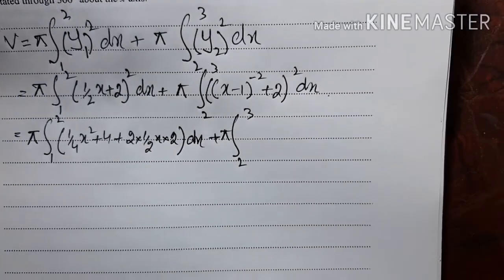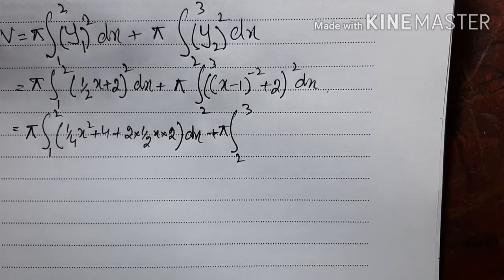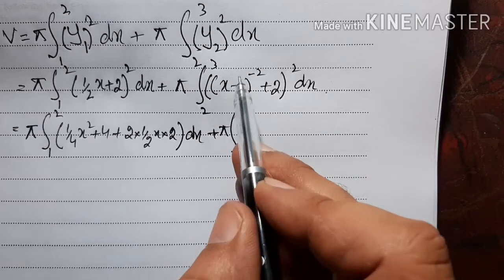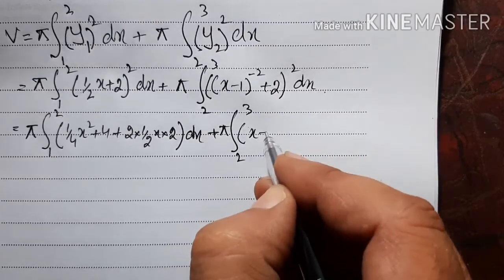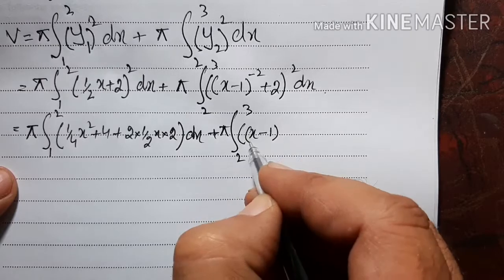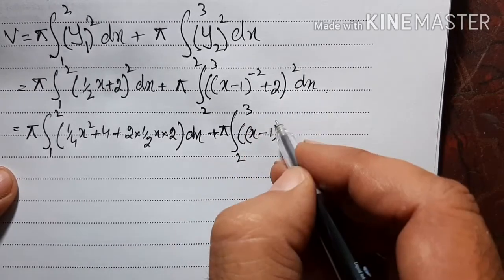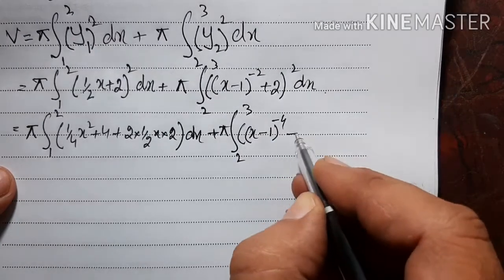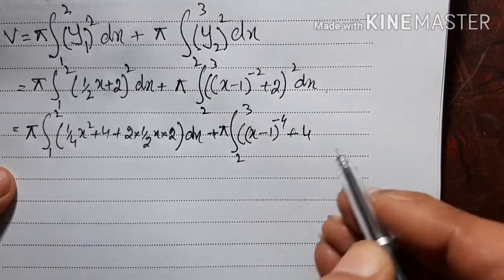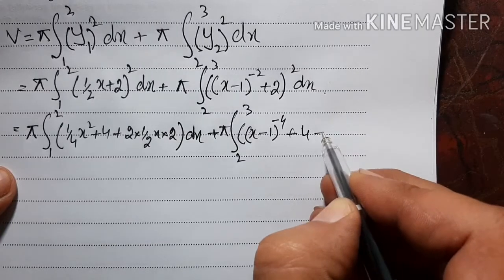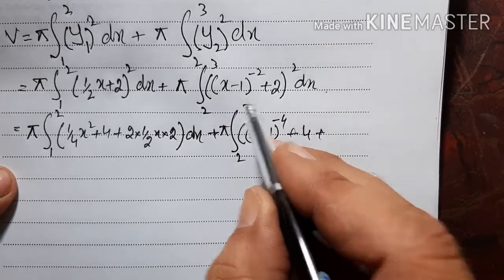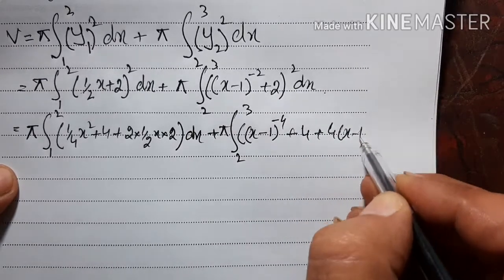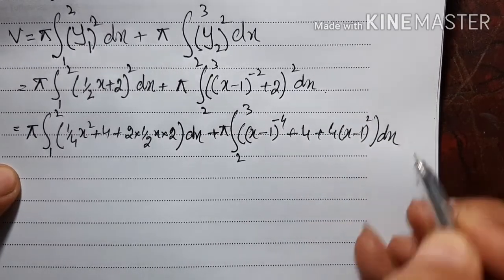I will open this square as well. This is our a, this is our b, (a + b)². So a squared means (x − 1)^(−4), plus b squared means 4, plus 2 times this, which will be 4(x − 1)^(−2) dx.